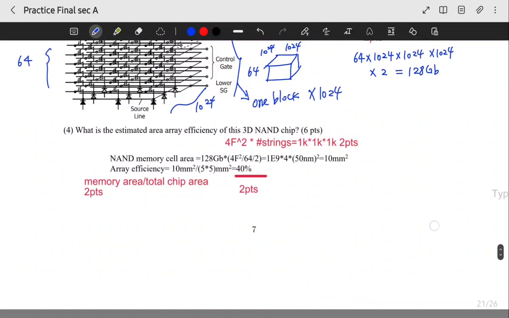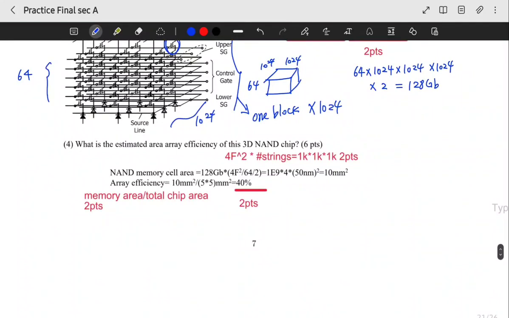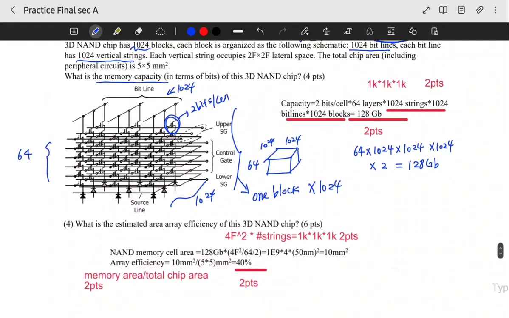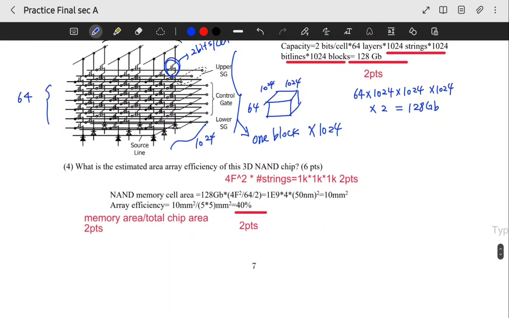And the last question, what is the estimated array efficiency of this 3D NAND chip? Now you all know that the NAND flash has peripheral circuits, and the array. So we already calculated the capacity, but when you calculate the area, you will see this NAND string. In fact, this one will look something like this, the pillar, yeah.